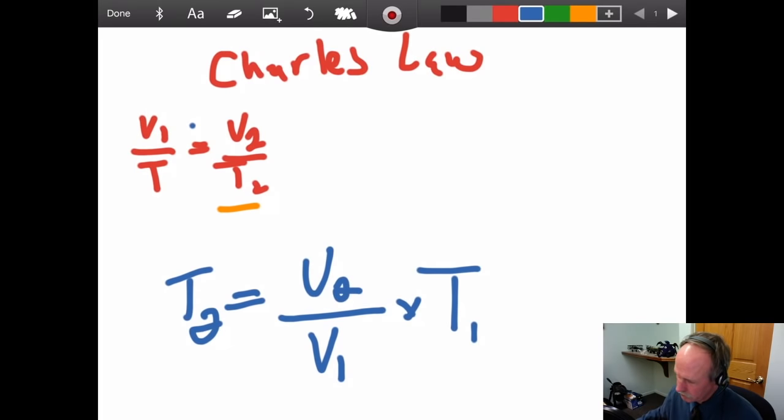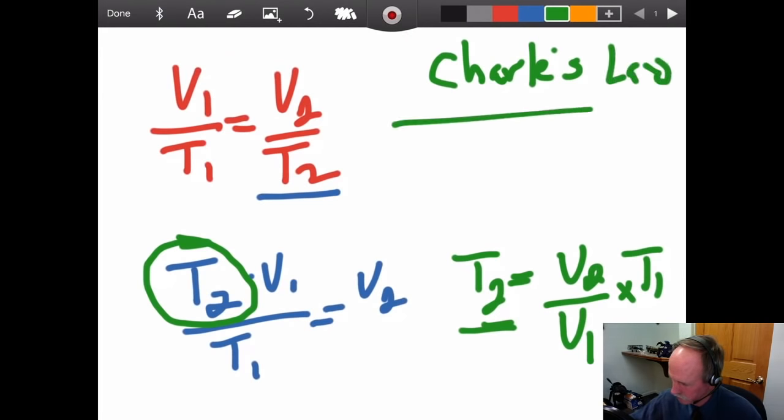We can also arrange this for volume if you wish, but it's the same basic process. Remember, just knowing the original PV equals nRT ideal gas equation allows us to derive these. So let's do it one more time.